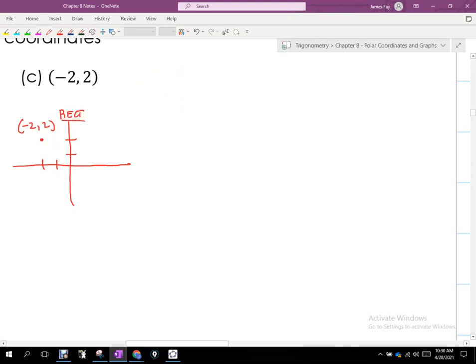If I want to go into polar, I'm going to take r, and it's going to turn into negative 2 squared plus 2 squared, so that's going to be 8, radical 8. You can simplify that if you want. I'm just going to leave it as radical 8 right now. If you want to go 2 radical 2, that's fine.